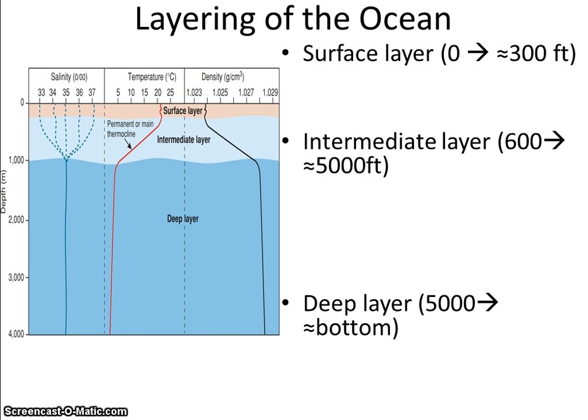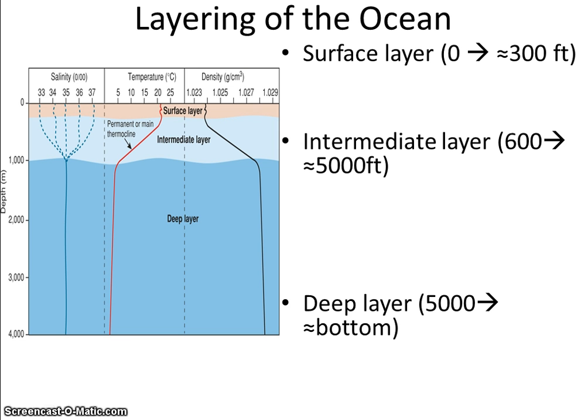And if we look at the salinity and temperature and what they affect the density of water, what we notice is that we have three distinct layers of the ocean. And let's talk about what those three layers are. On the surface, or surface layer, you have water that's relatively less dense than the rest of the water below it. Less dense water is on top. Why?